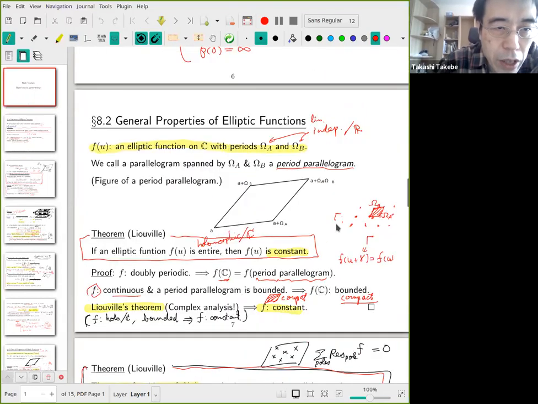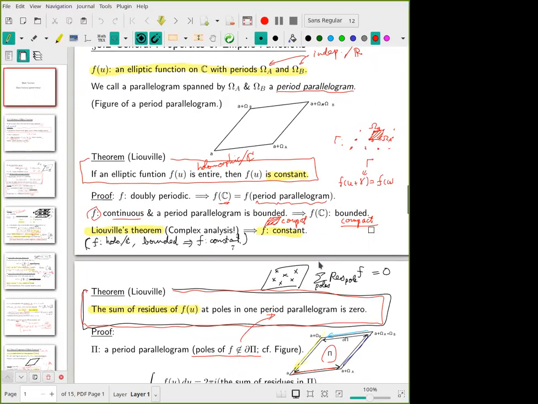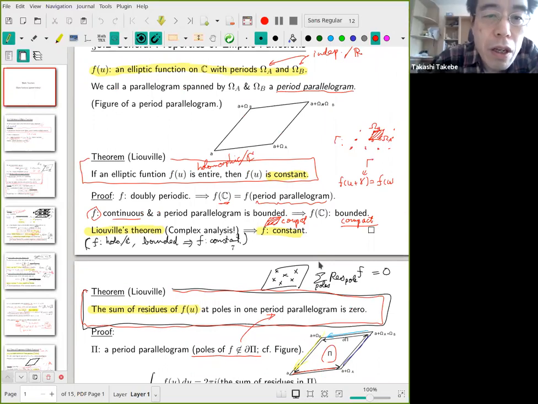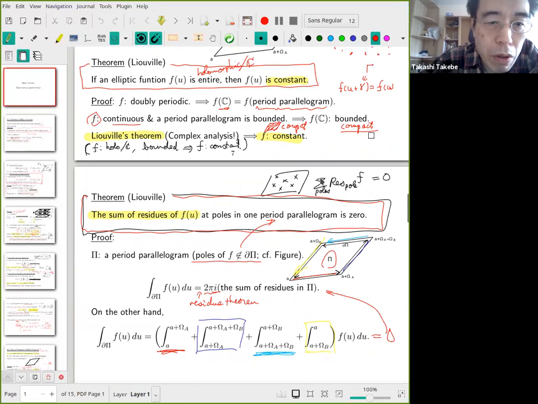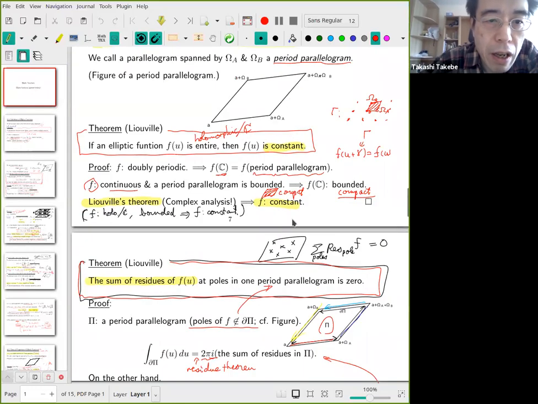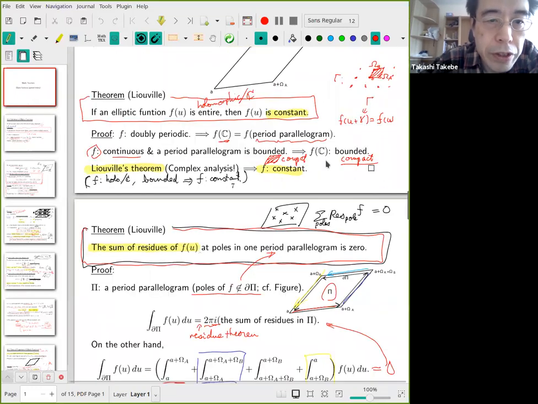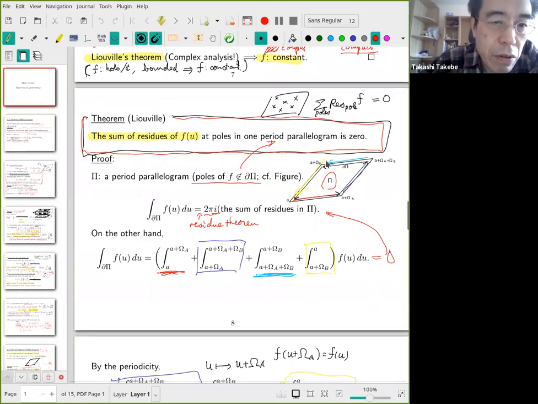And we proved several fundamental theorems of elliptic functions. One is that a holomorphic elliptic function is just a constant. So non-trivial elliptic functions inevitably have poles.